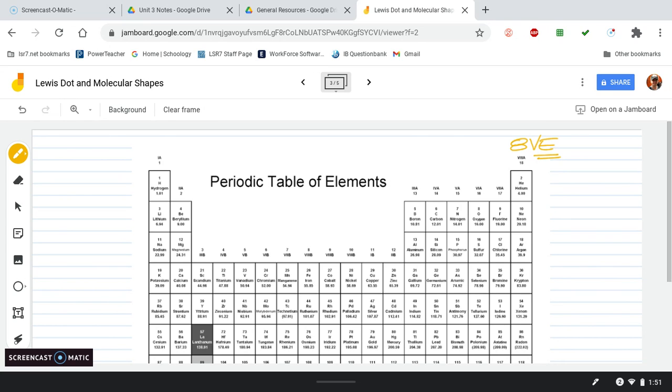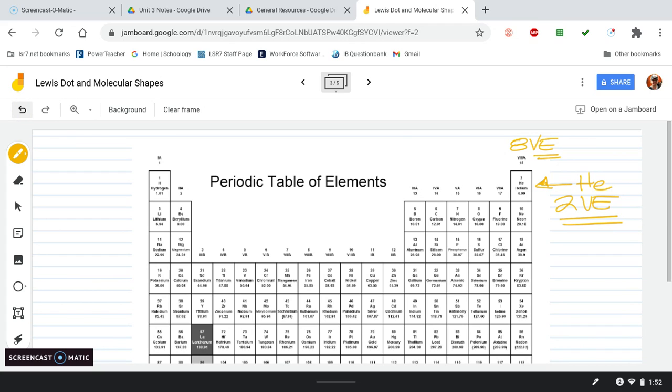All of these have 8 electrons except for helium. Helium only has 2 valence electrons because it only has 2 electrons. Everybody else, neon, argon, etc., they all have 8 valence electrons. Now, the goal of all of these elements is to have 8 valence electrons.